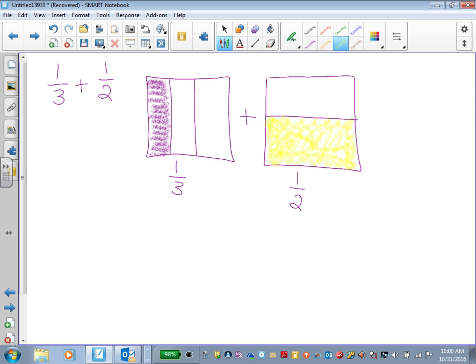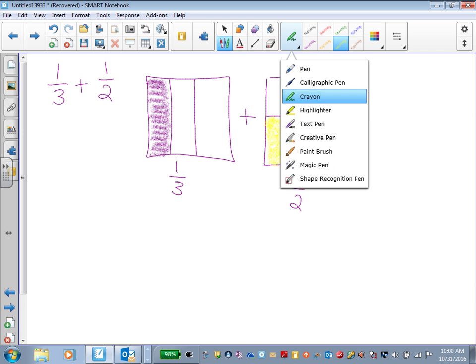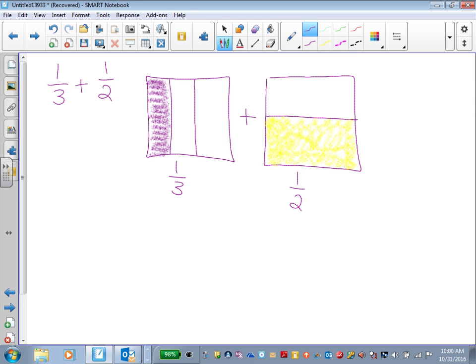Okay. Now we need to make the equivalent fractions. So remember that when we divide up these boxes, we're multiplying by whatever change we make to the boxes. Here in the 1/3 box, we started off with vertical lines. Whatever I did to the 1/2, I need to do to the 1/3.